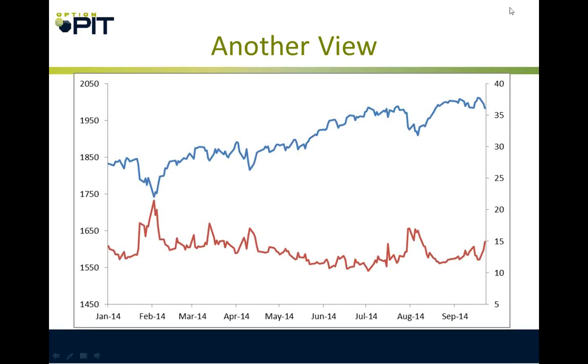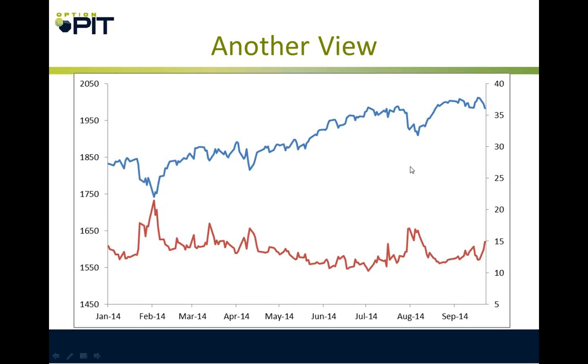He's my partner in crime in VIX education. On the right, the red is the VIX, and you can see VIX levels. This is through the end of September, so we just missed October. And on the left, the blue line is the S&P 500.